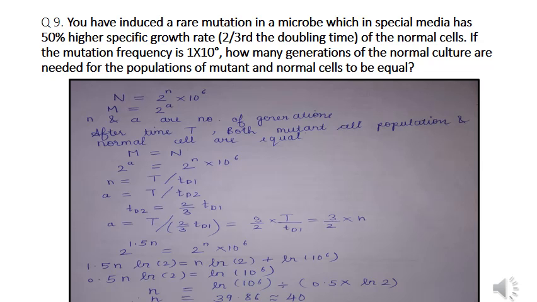After solving, you will get n is equal to 39.86, which is approximately 40. So this question has asked you to find the nth generation of the normal cells. After that nth generation, both normal cells and mutant cells will be equal.